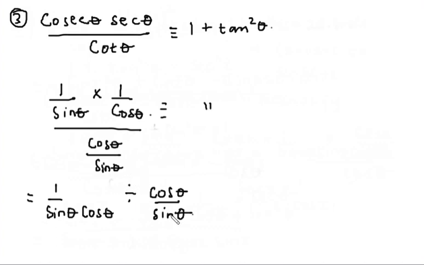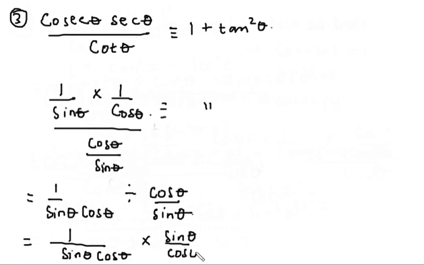So this becomes 1 over sine theta cos theta times sine theta over cos theta. Sine theta will cancel out sine theta, so this is ultimately equal to 1 over cos square theta.